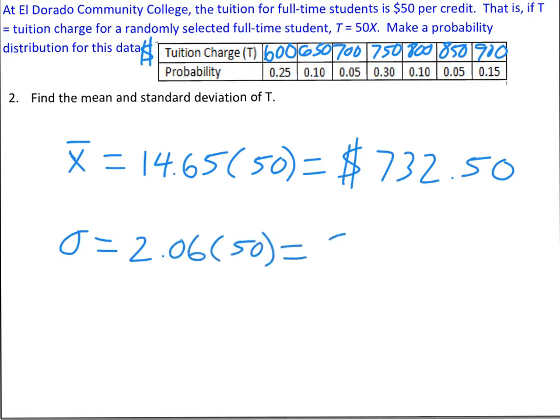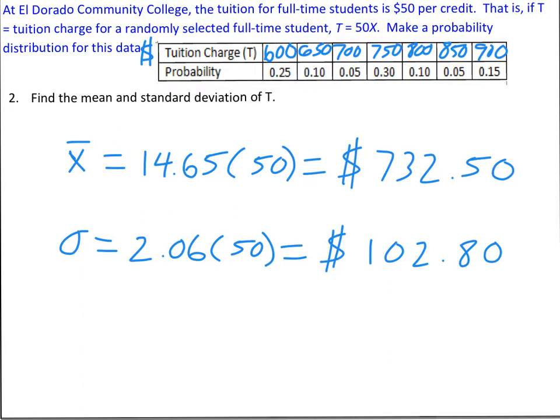Now, I'd encourage you, if you have a calculator handy and you're confident with the lists, go put the numbers in list 1 and list 2 and go check and verify. If you change all the credits to these tuition amounts, that's the mean and the standard deviation that you'll get. Okay?